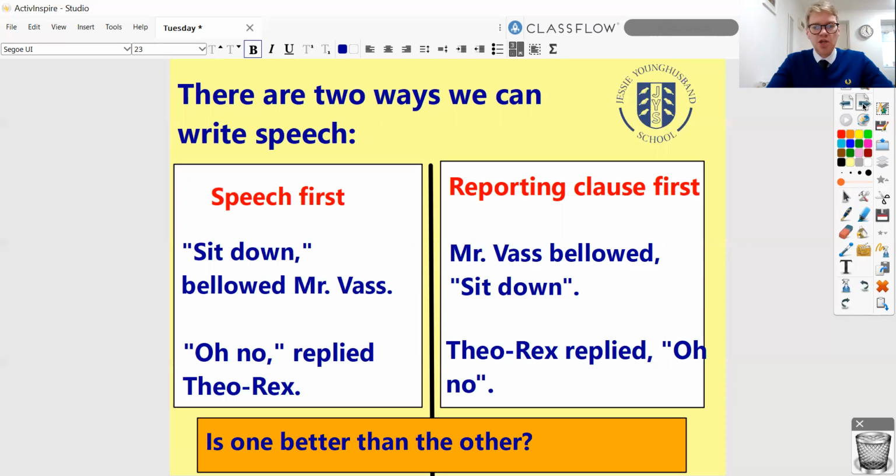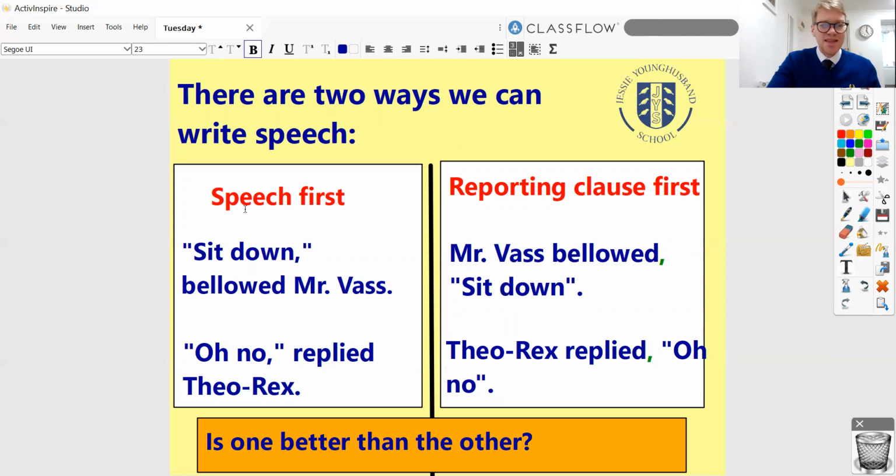So one thing you can do then is put your reporting clause at the start of the sentence. Now, what did we say we always did? We always separated our reporting clause from our speech with a comma. So we're going to need that again here. We're going to need our commas in here to separate our reporting clause from our speech.